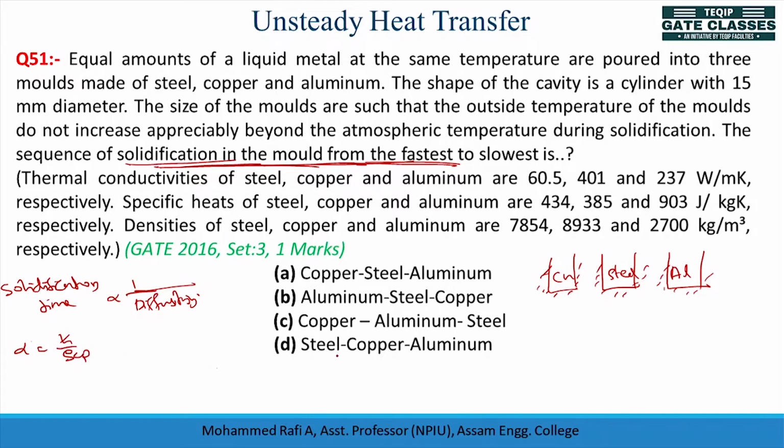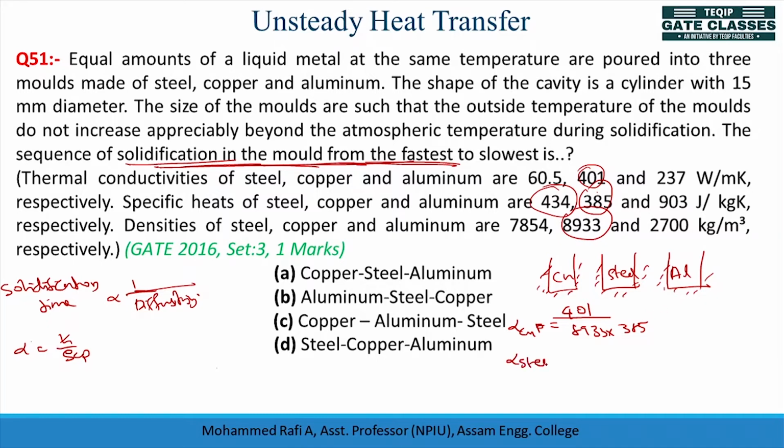So what is the alpha in case of copper? Alpha copper equal to k by rho Cp. How much are you getting? All this data is given: 401 divided by 8933 into 385, right? Similarly, what about the steel?